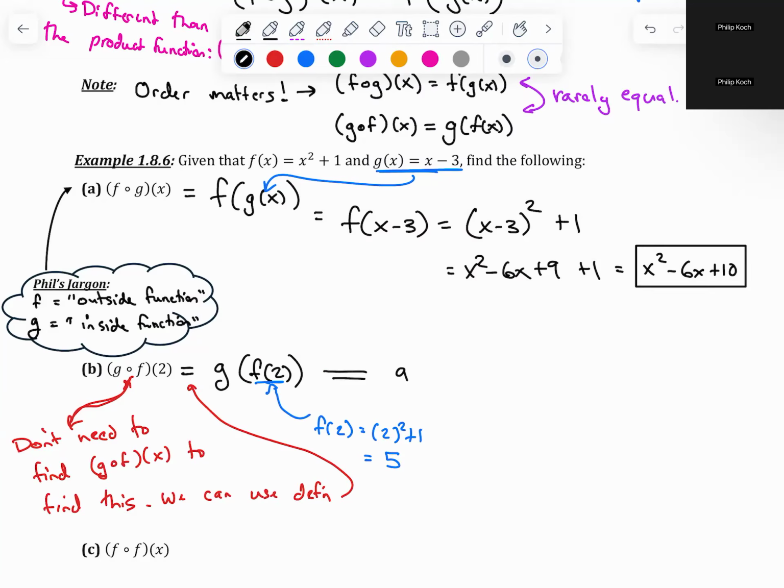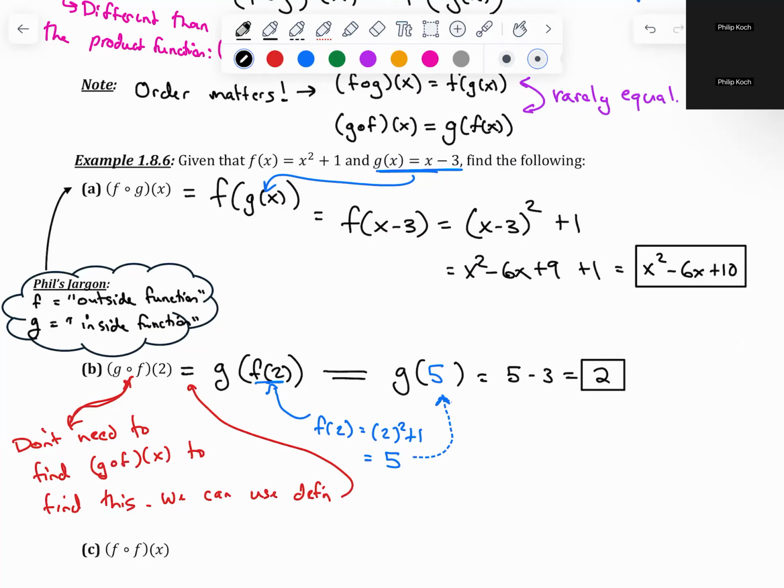This is equal to g of 5. And so then I just plug it into the formula for g, and I'm all good. That would be 5 minus 3, which is equal to 2.